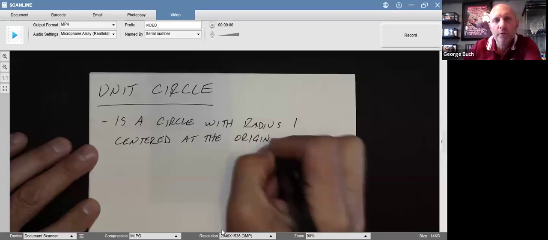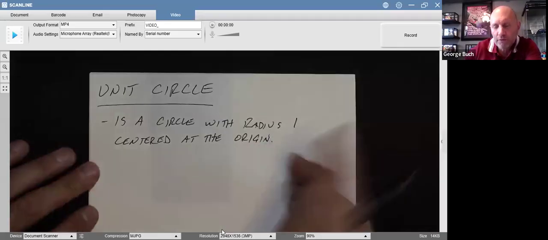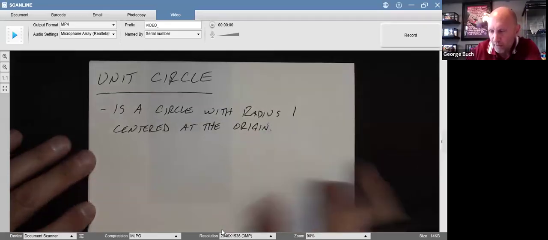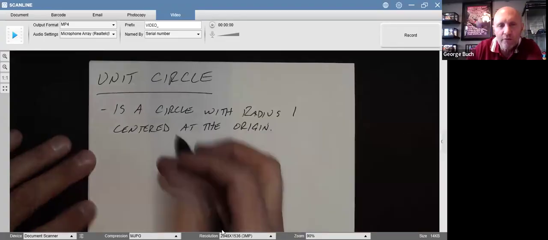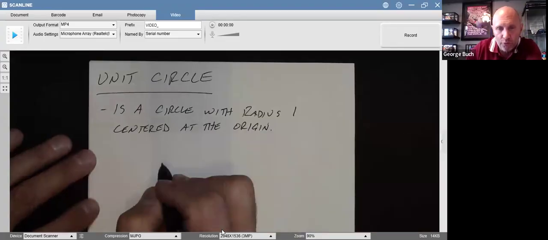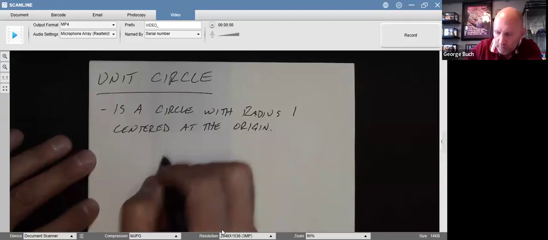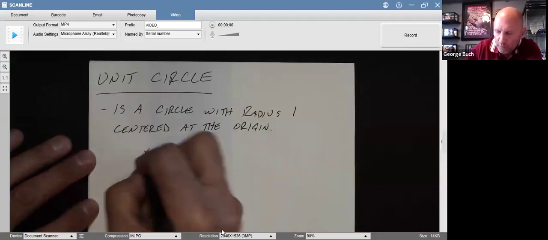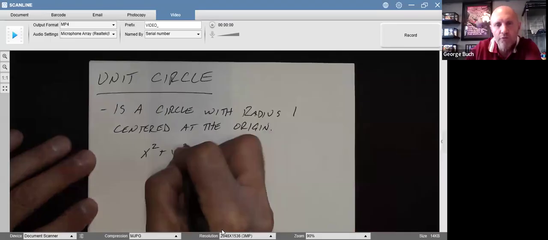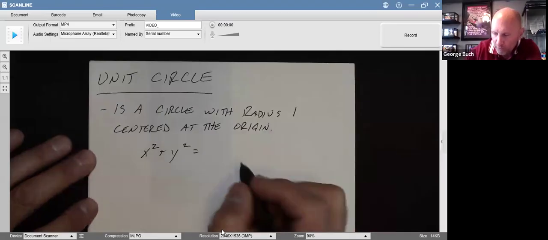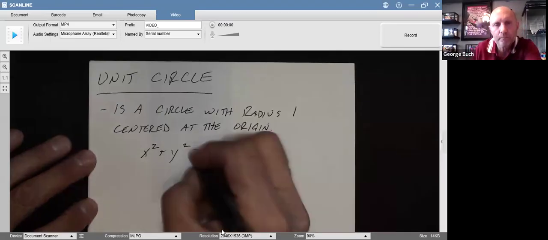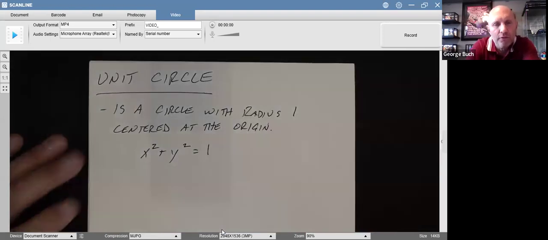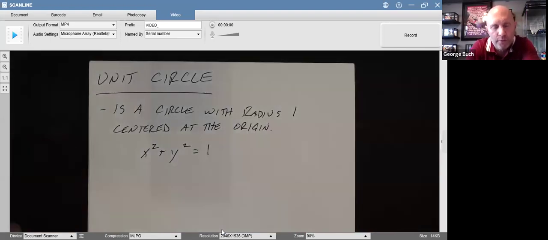And if you remember from your pre-calculus 1 classes, or maybe college algebra classes, when we have a circle centered at the origin, it's x squared plus y squared equals the radius squared. Well, because our radius is 1, we get this equation here.